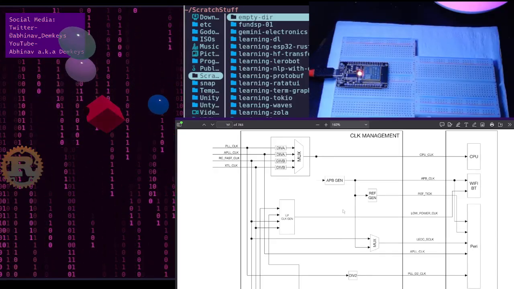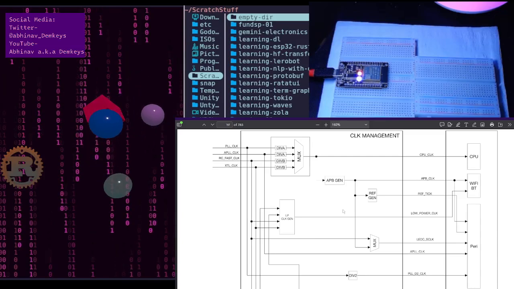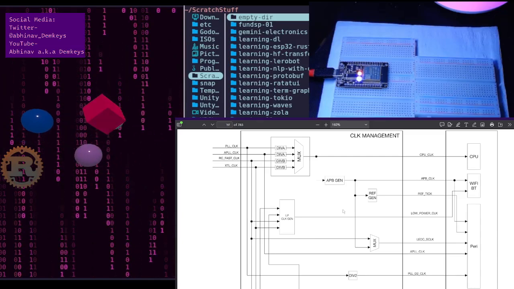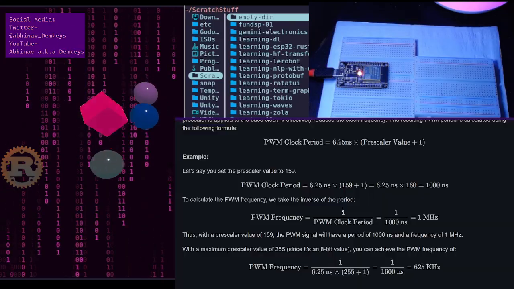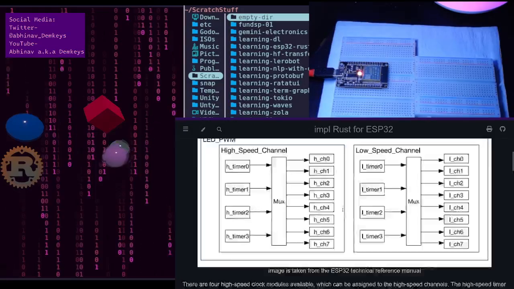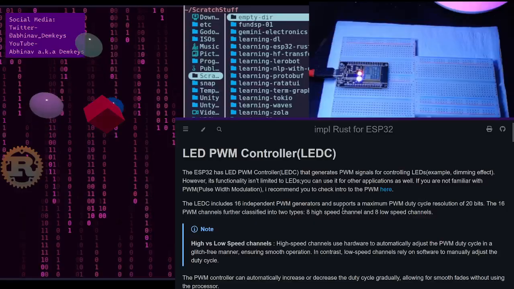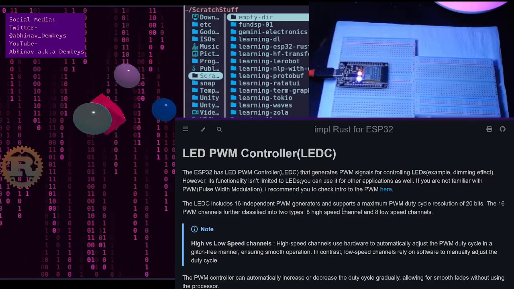Okay, you know what? We've had a pretty long yap sesh, 37 minutes of yapping. So we're gonna get into this. We're gonna get into the LED PWM controller.